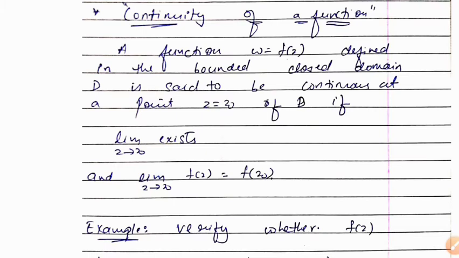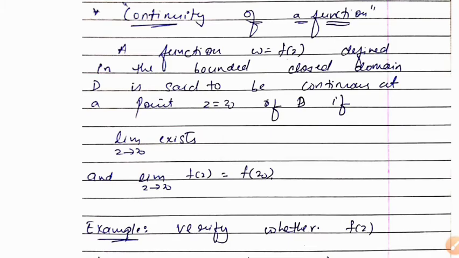Now let us move towards the next topic, that is continuity of a function. First let us define what is continuity. A function w equal to f of z defined in a bounded and closed domain D is said to be continuous at a point z equal to z0 of D if the limit z tends to z0 exists.